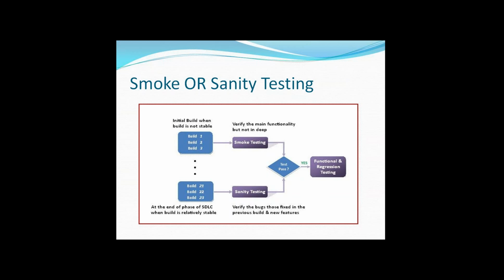In those 15 links, if some links are not opening, you observe it after a few days. Is it possible to put a build again and again? No, because it has already passed. So that's why for any build, we have to do smoke testing.